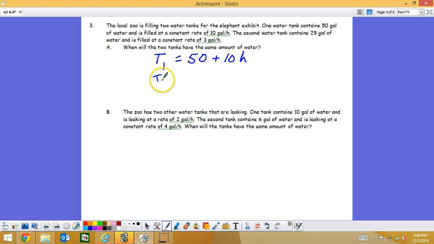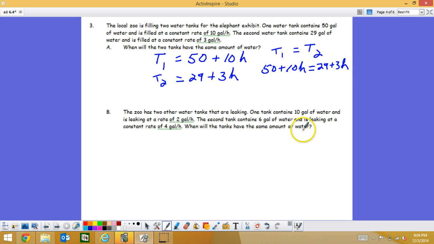Tank 2 starts off with 29 gallons and is filled at 3 gallons per hour. So when will tank 1 be equal to tank 2? So when will 50 plus 10h equal 29 plus 3h?